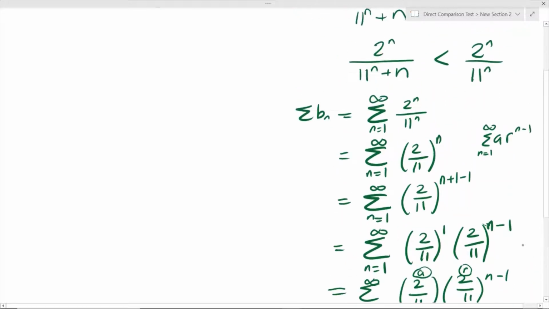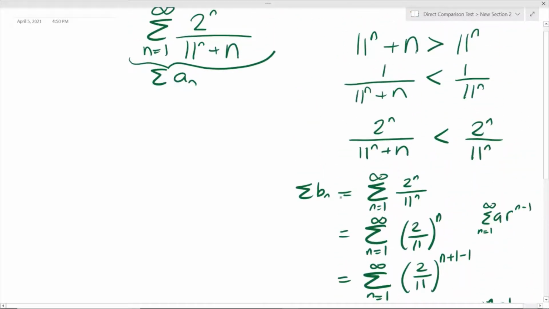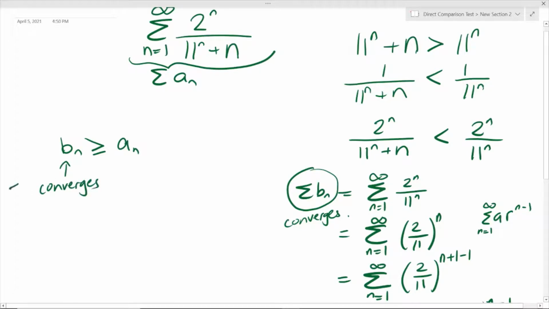And so we can say, basically, that this series converges. Now, we know from before that if we had Bn being greater than or equal to An, and we know that Bn converges, or we can just rewrite like this.